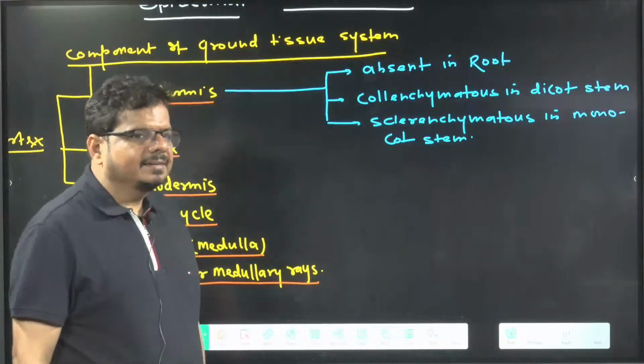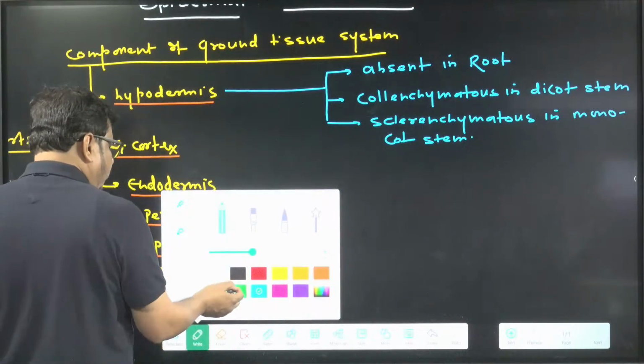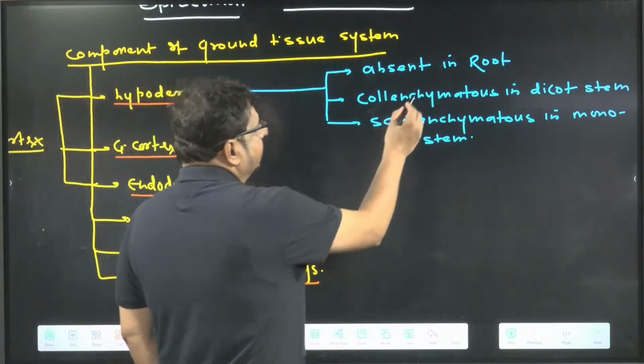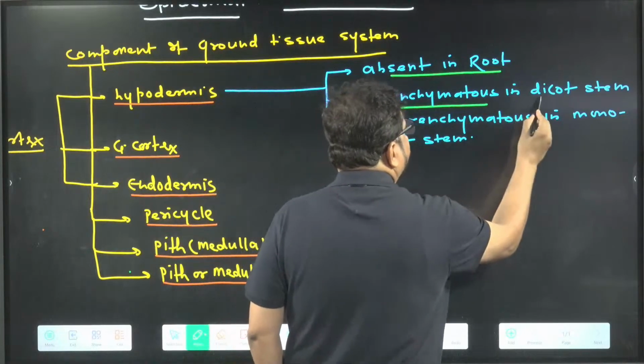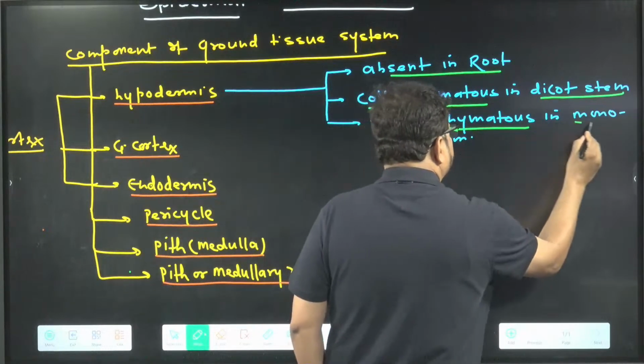Are you getting the idea? Which kind of hypodermis is present where? Hypodermis is absent in root. Hypodermis is made up of collenchyma in dicot stem. Hypodermis is made up of sclerenchyma in monocot stem.